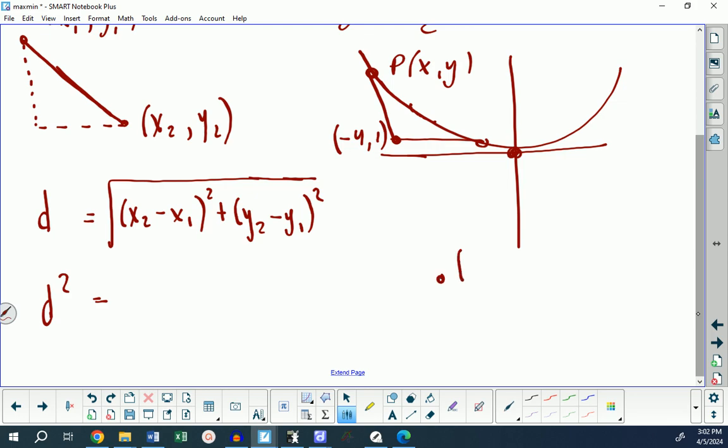Here is the point (x, y). Here is the point (-4, 1). The base of this triangle is -4 minus x, and the height is 1 minus y. I hope you see it doesn't really matter the order in which you subtract because you're going to be squaring them.